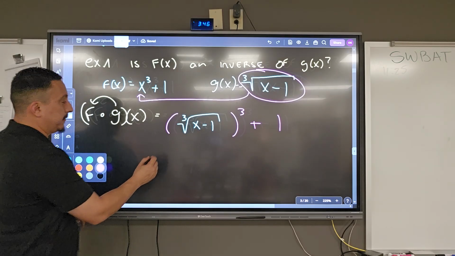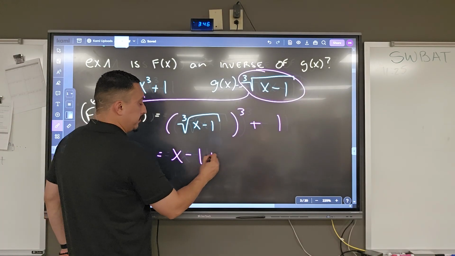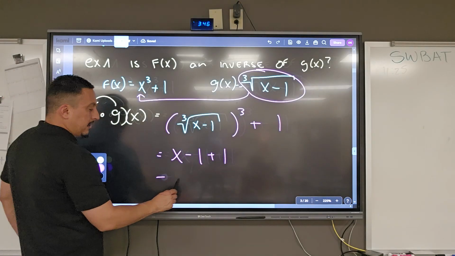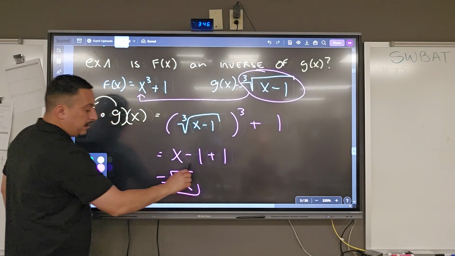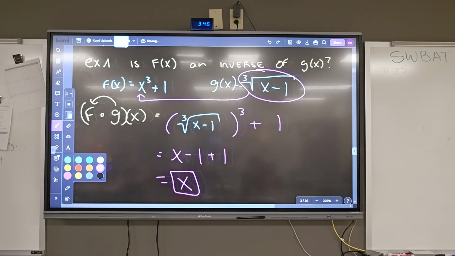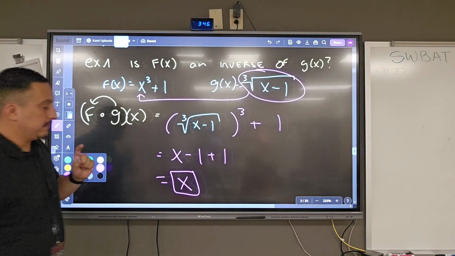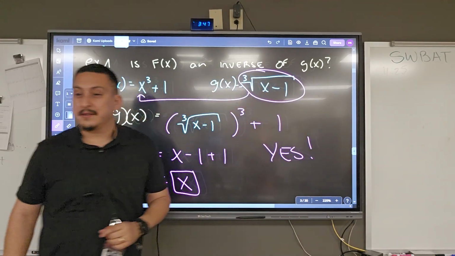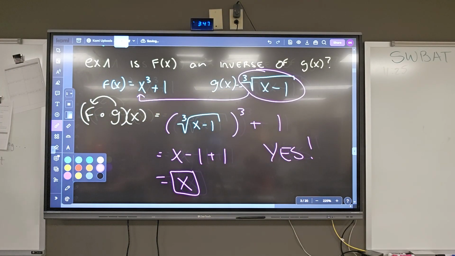So all we're left with is x minus 1 plus 1. Negative 1 plus 1 is just 0, so our answer is x. So to the question, is f of x an inverse of g of x? Yes, it is. They are inverse of each other. That makes sense?